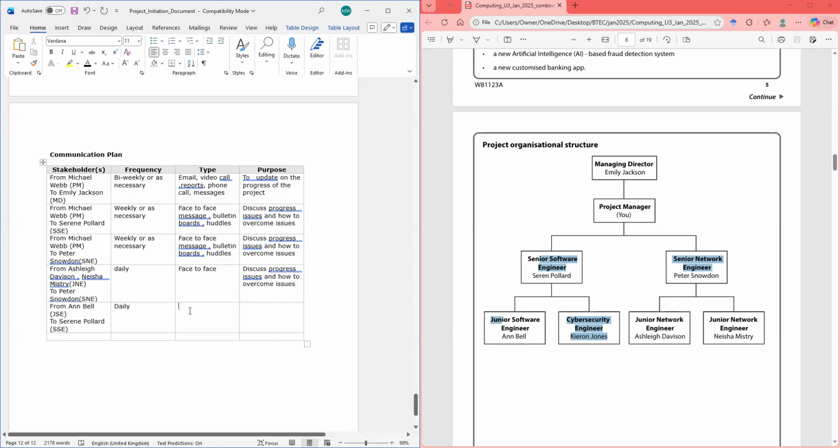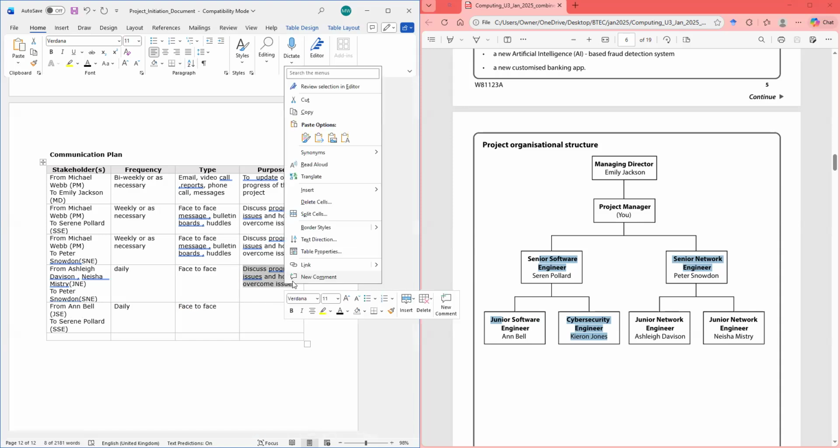And it's also face to face. And it's also to discuss progress issues and how to overcome the issues.